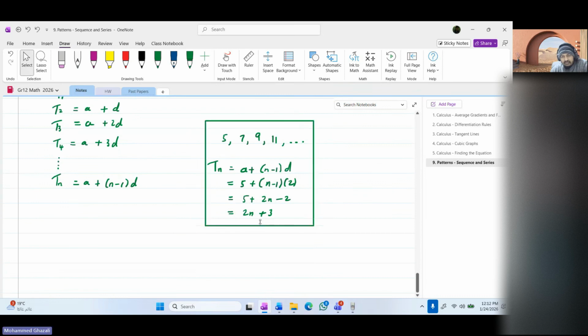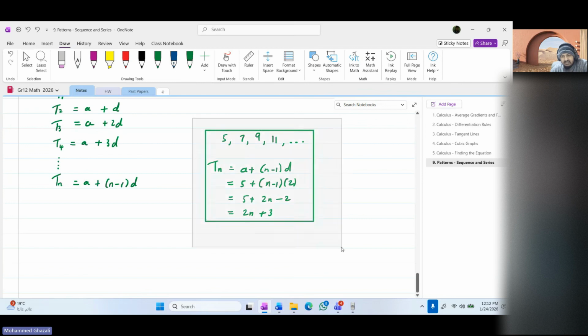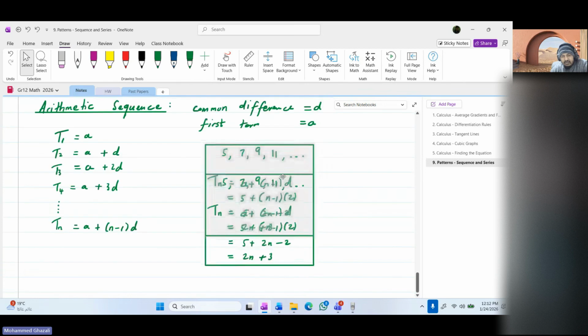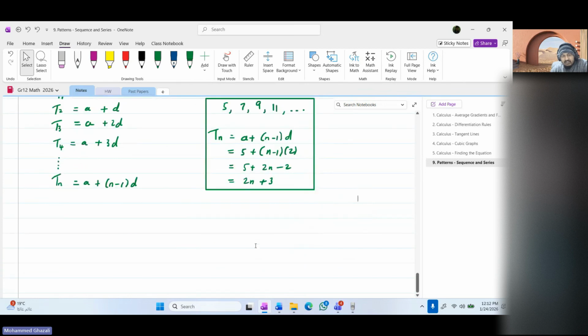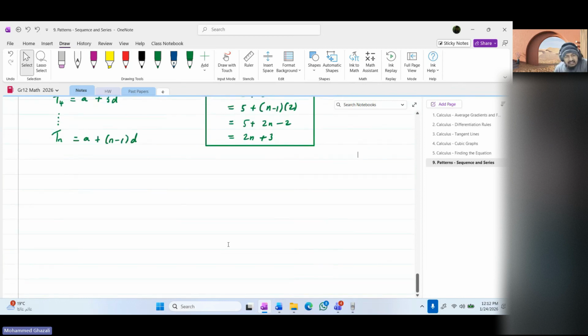Now, what is more interesting is how to sum up this formula. This is just an arithmetic sequence. Now, what's an arithmetic series?